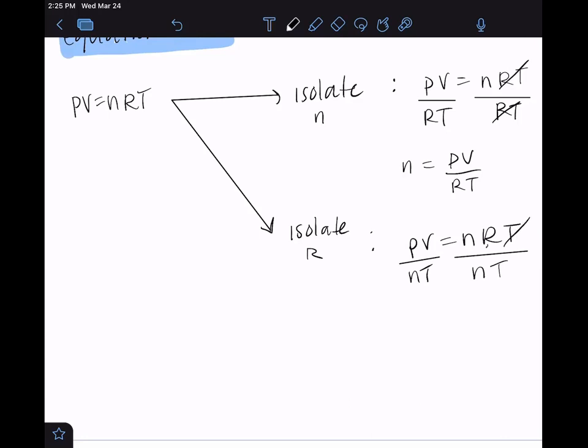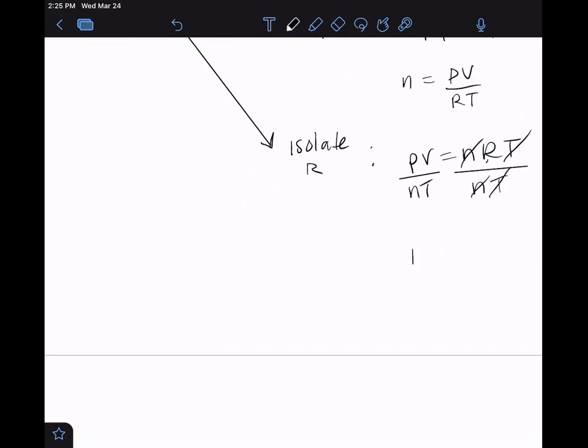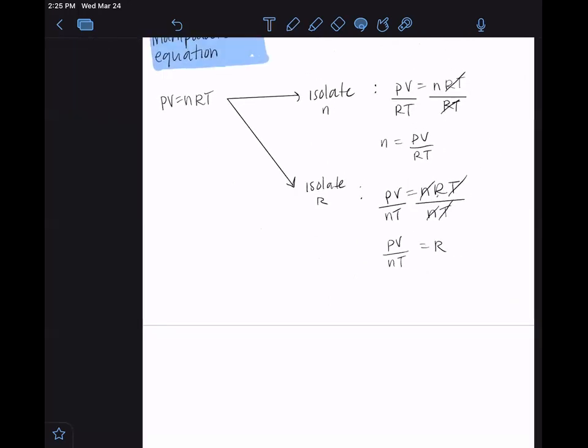And those would cancel out. So then we would have PV over nT equals R. Okay, so the same rules apply, right? Just know that what you're multiplying, when you're undoing it, you divide, et cetera, et cetera. But what we're saying here is that this equation can really be isolated for many different things.